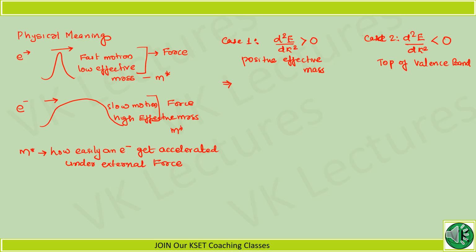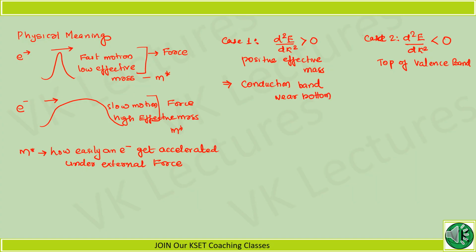If conducting electrons are there, they should be in the conduction band, which means a large number of electrons are already present near the bottom of the conduction band.